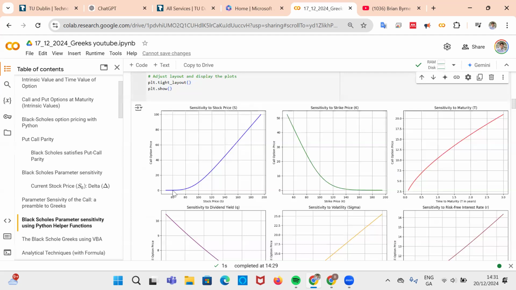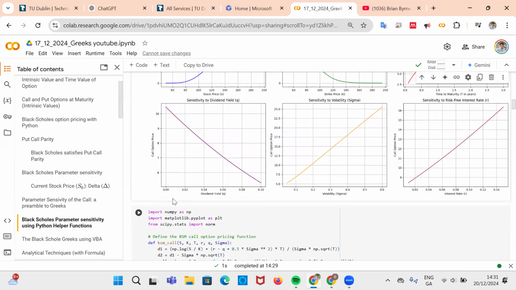Down here, it's 0. So the slope of the Black-Scholes parabola actually gives us a measure of the sensitivity, but that is dependent on what the underlying asset price is, and the other parameters influence this.